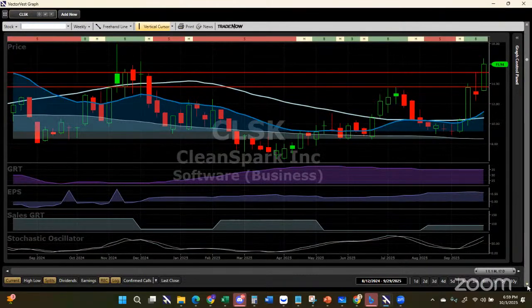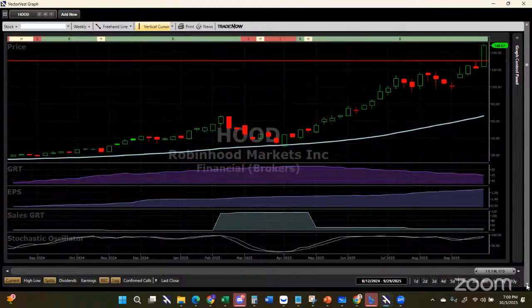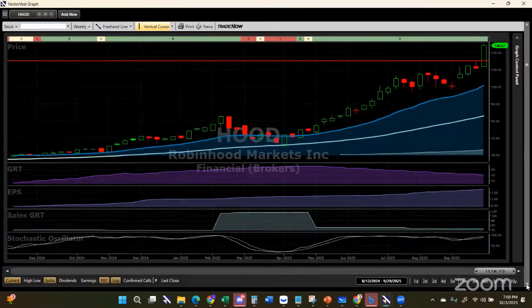Clean Spark weekly breakout. It actually had two. One was here, goes to test that, rejects it, and now it finally closed above. And remember, this is a weekly graph. Oh, look at Hood. Finally made that move that everybody was waiting for.